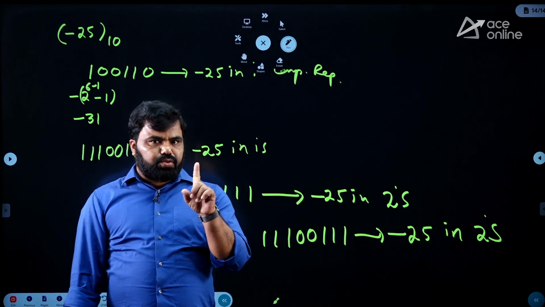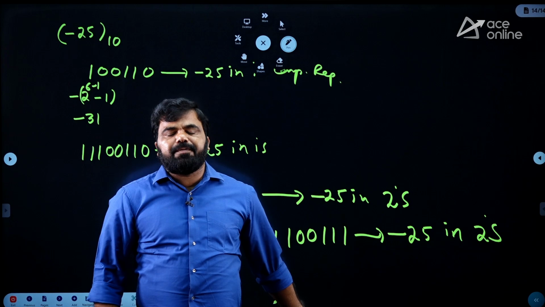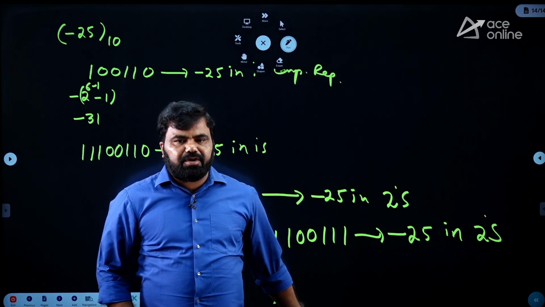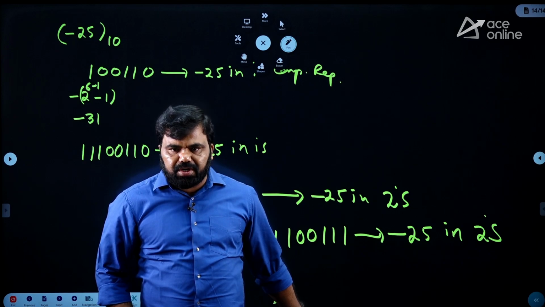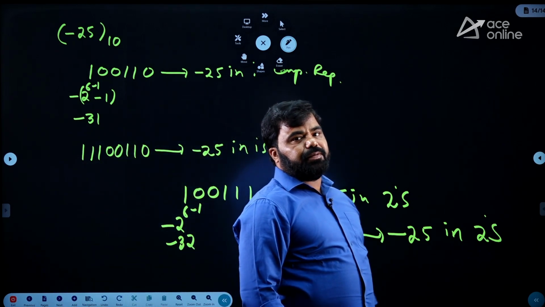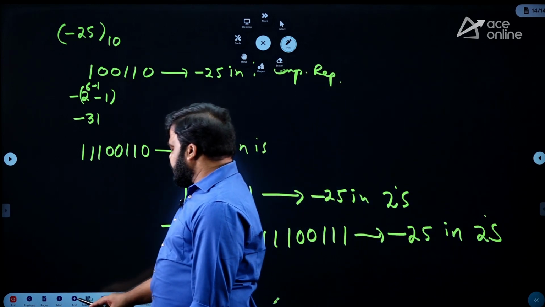For 1's and 2's complement representation, we can use 2 methods. One is the complement method, and another is the weights we mentioned, which we can apply to get the expected complement representations, right? So let me take one more example.